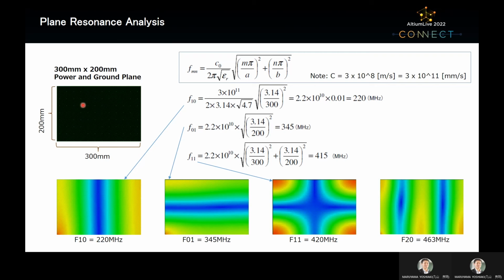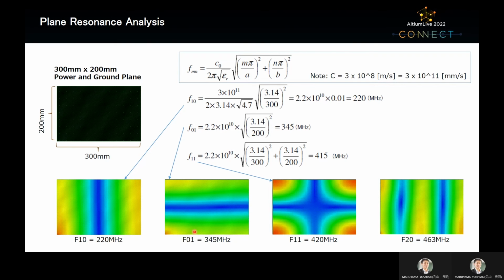In 1-0 mode, the resonance frequency is 220 megahertz. It is antinode, node, antinode in the horizontal direction of the board. In 0-1 mode, the resonance frequency is 345 megahertz.